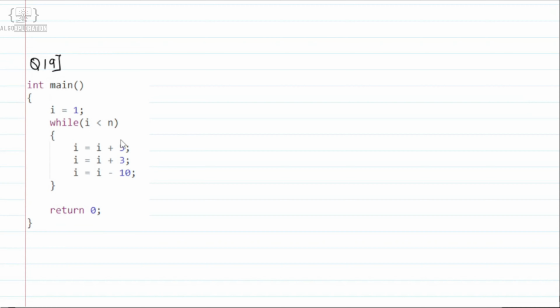Now here this is a crucial one. Initially the value of I is 1. Now we are adding 5, then 8, and then we are subtracting 10. So n upon 5 plus 3 minus 10 will be n upon minus 2.